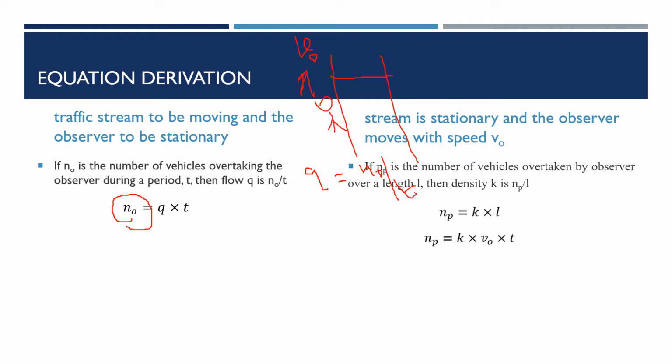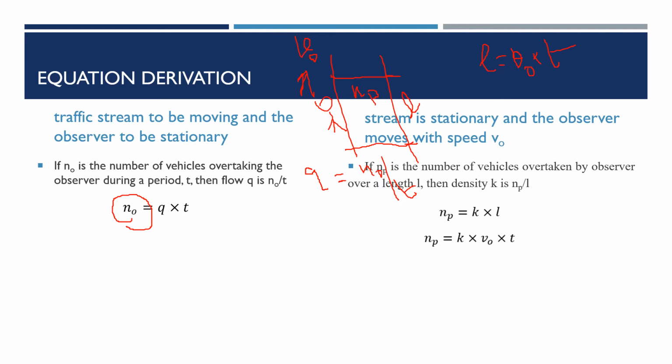Let us consider a stretch of length L. The observer is overtaking vehicles, and the number of vehicles overtaken by the observer over this length L, let that be NP. We are traveling at a speed of V0 for a time period T, so V0 into T would be the distance L.